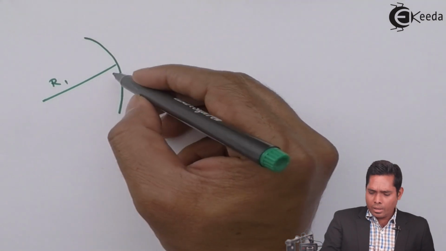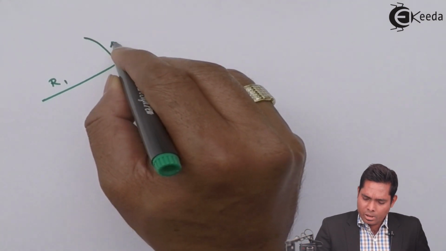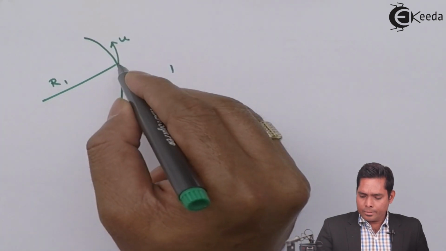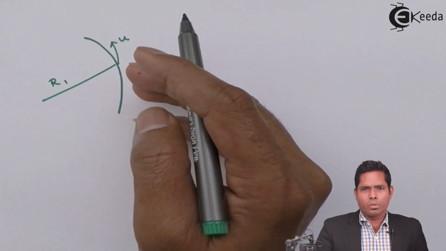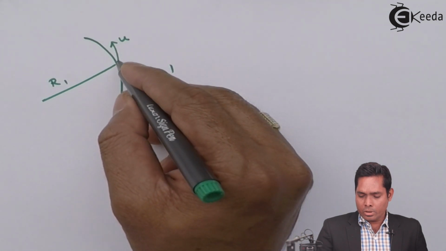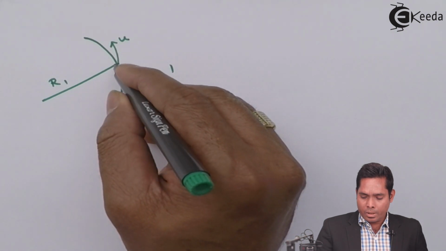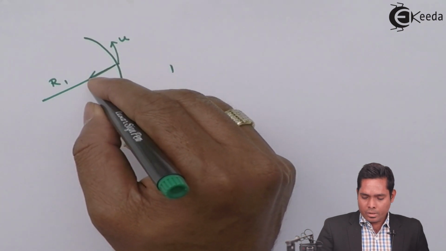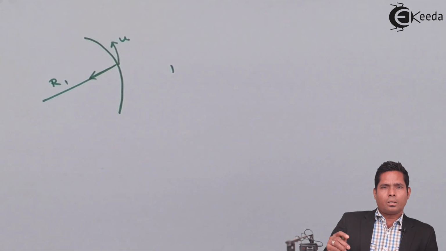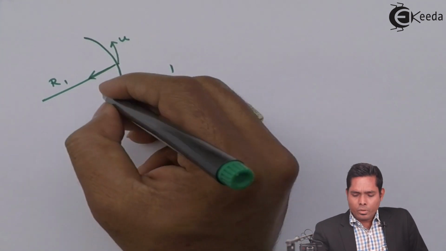Suppose at any instant the velocity is u, and obviously it will change, but at any instant the velocity is u, and to move in a curve it requires a circular path, because the magnetic field will move the charged particle in a circular path.